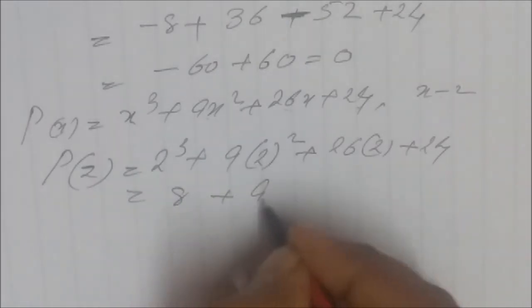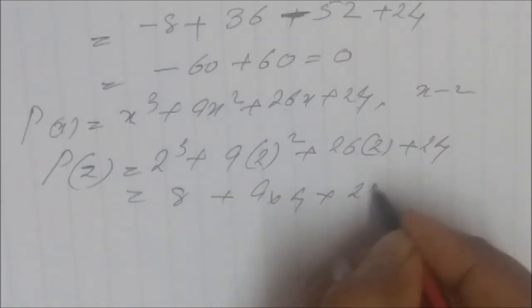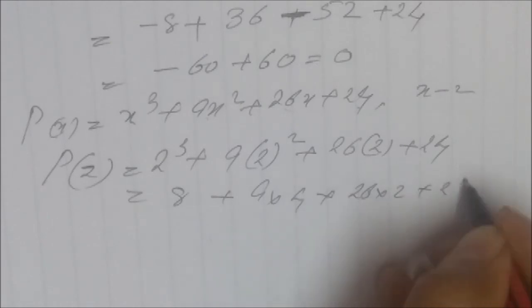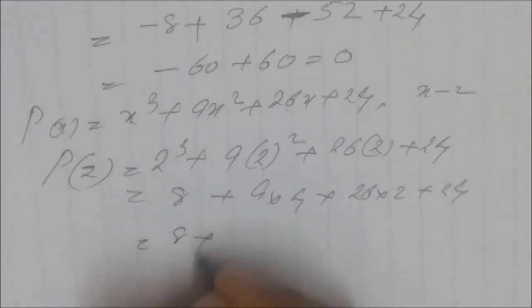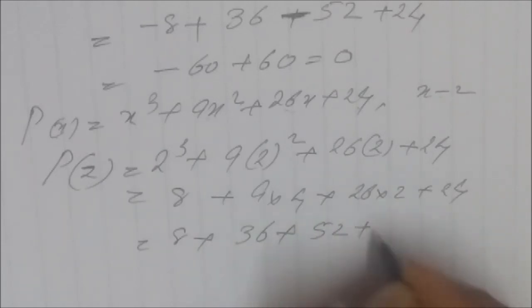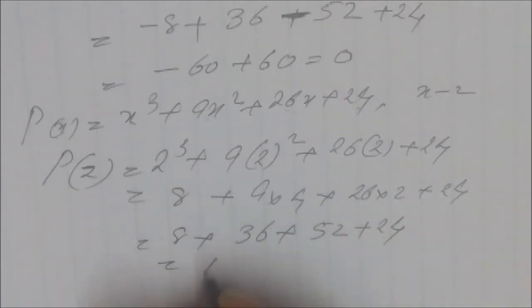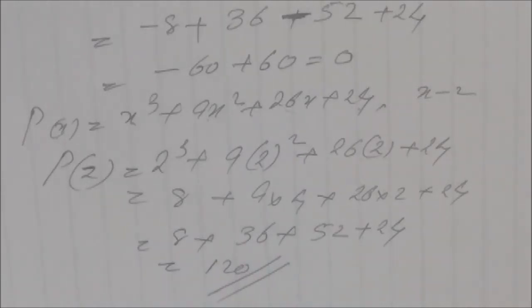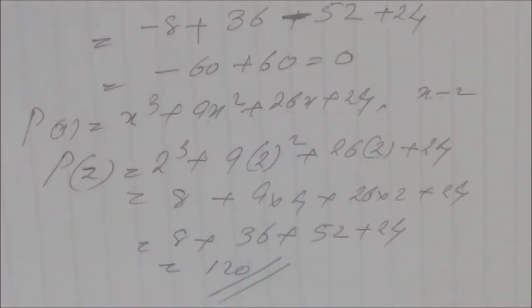That is 8 plus 9 into 4 plus 26 into 2 plus 24, which equals 8 plus 36 plus 52 plus 24, equal to 120. So this is how we find the remainder without actual division.